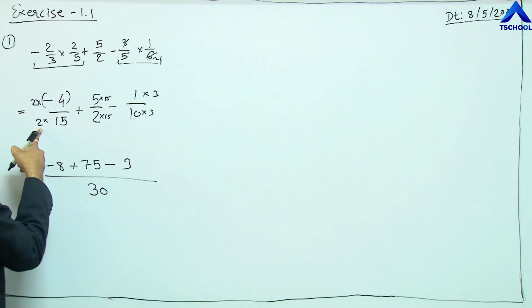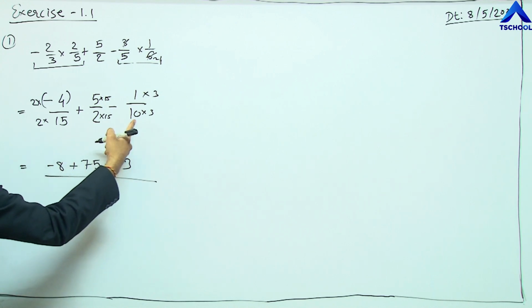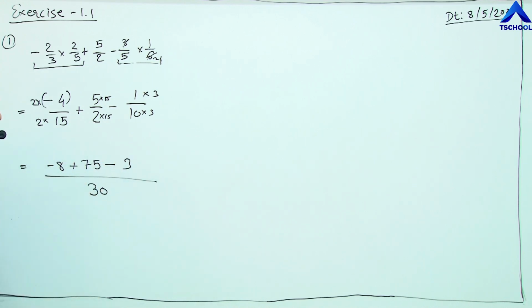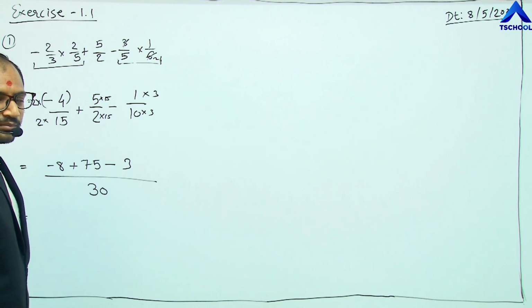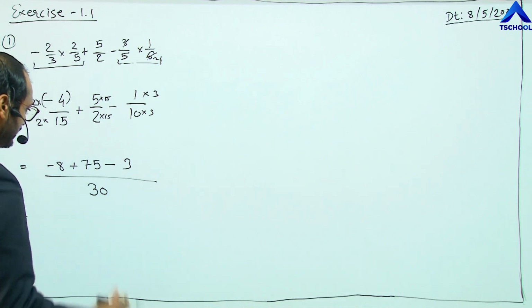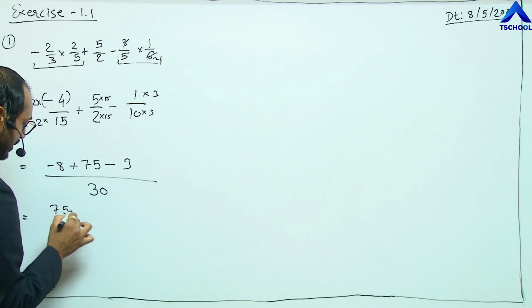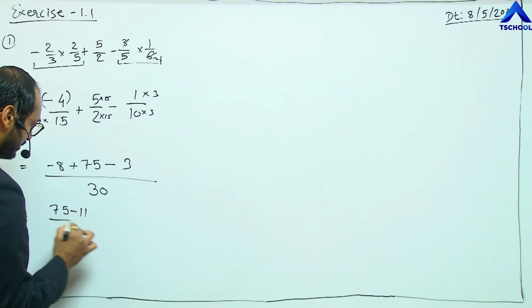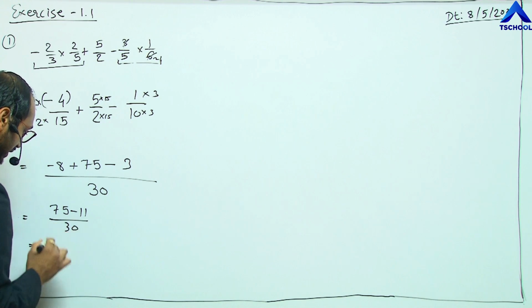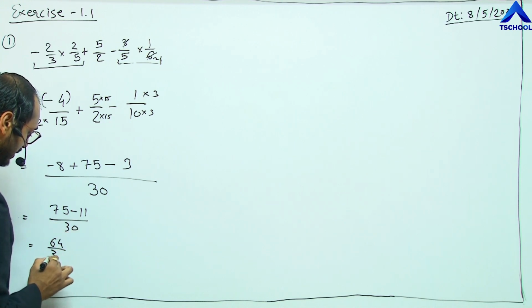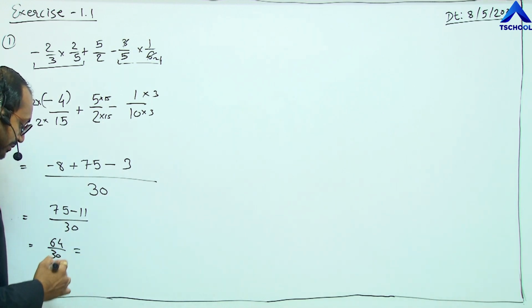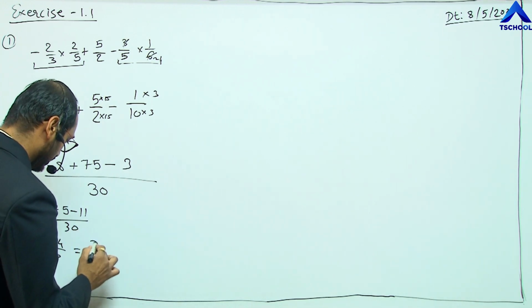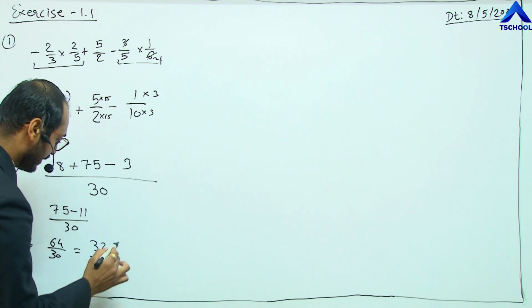Divided by 30, 30 and 30. Now what is the simplification? Minus 8 minus 3 is minus 11. 75 minus 11 divided by 30 gives 64 by 30. Or we can divide by 2. This is 32 by 15.